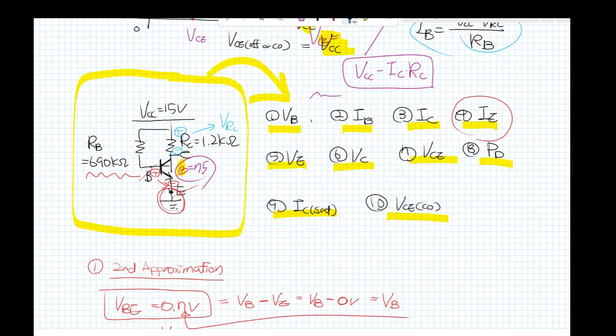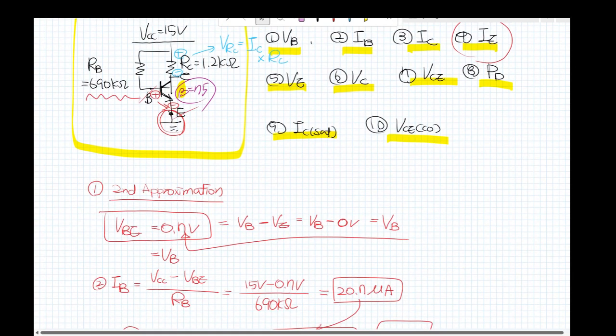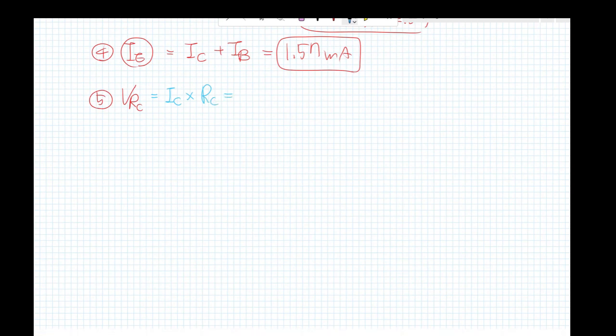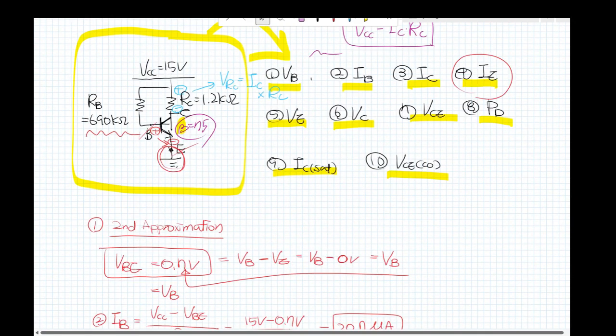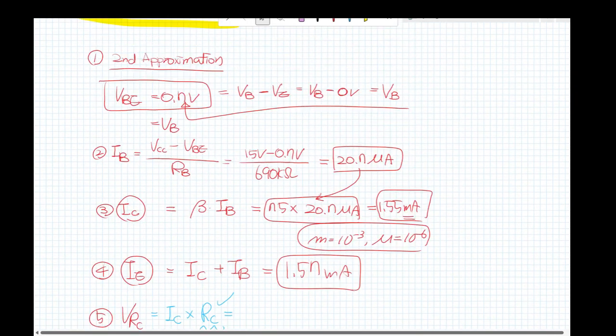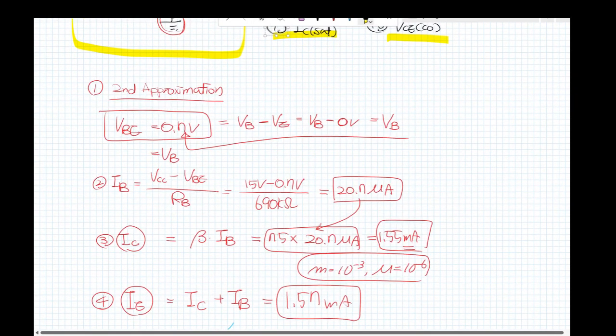V sub R sub C is I sub C times R sub C. I sub C we have already calculated, and R sub C is given from the circuit.